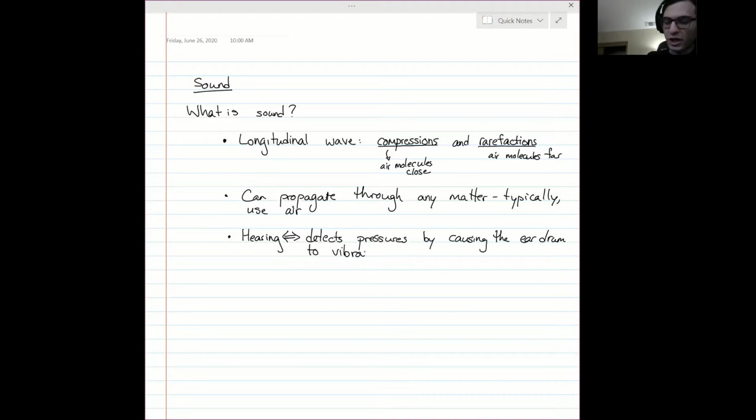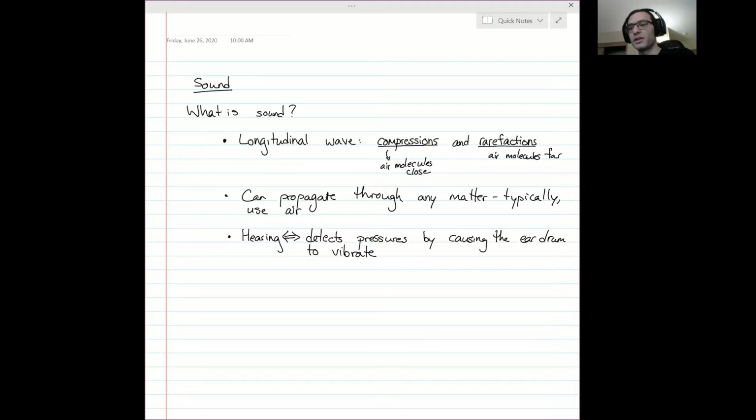So a pressure change, you have some amount of pressure on the inside of your eardrum. When the pressure on the outside of your eardrum is higher, it pushes in on your eardrum. When it's lower, it pulls out on your eardrum. And so when the pressure wave, when the compression is near your eardrum, you have higher pressure, so it pushes your eardrum in. When you have a rarefaction, you have a lower pressure, so it pulls the eardrum out. And so this oscillation of the eardrum is what we hear.